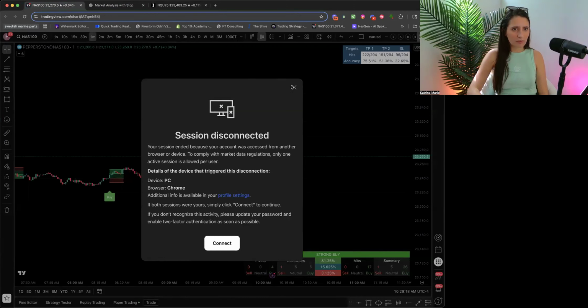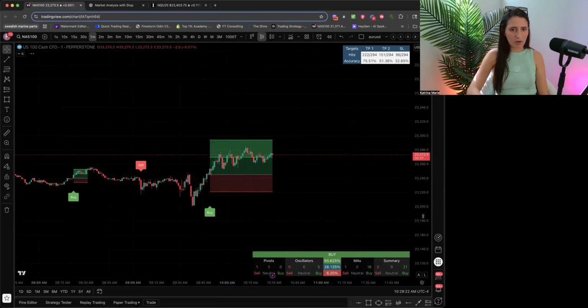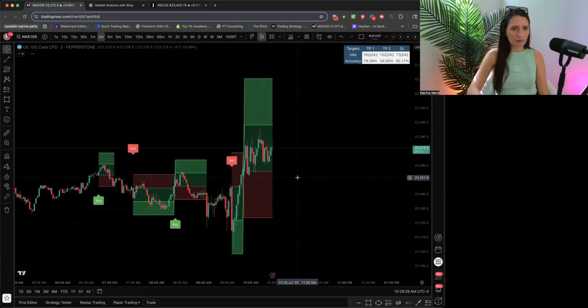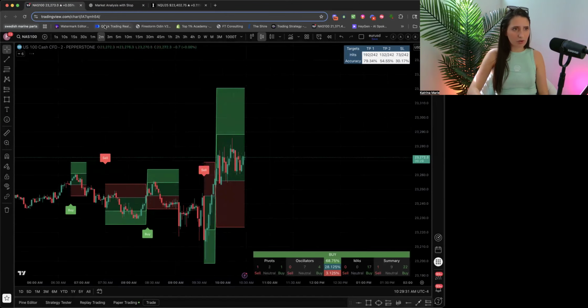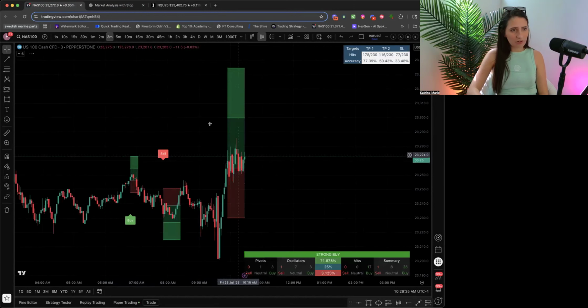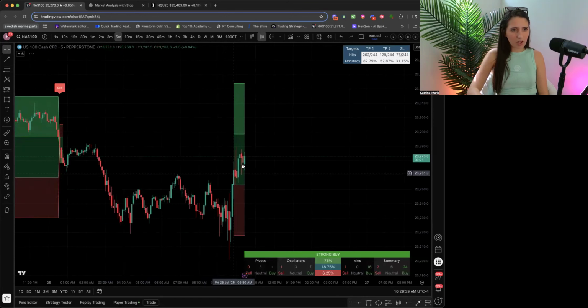However, we hit take profit 1 on the 1 minute from a similar entry that I gave. We didn't hit take profit 1 yet. We're just ranging around this little area here. We're still ranging around entry on the 3 minute, and we're in the middle. Didn't hit take profit 1 yet on the 5 minute.